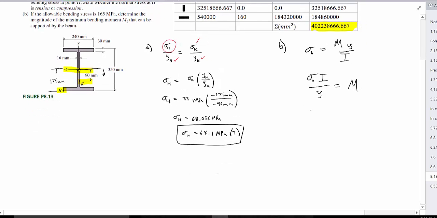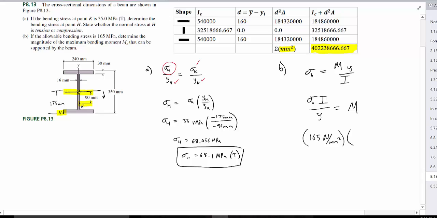So sigma given is 165 megapascals. A megapascal is newtons over millimeters squared. Multiply that by our moment of inertia. If you want to check my values, go ahead and pause the video and check all these values, but these are all done in millimeters.